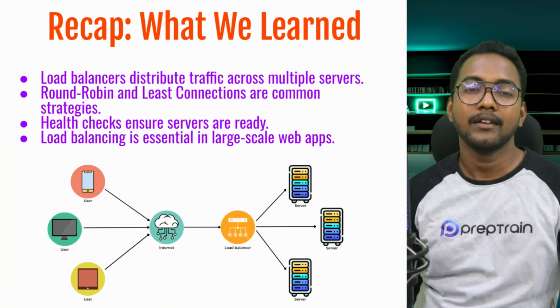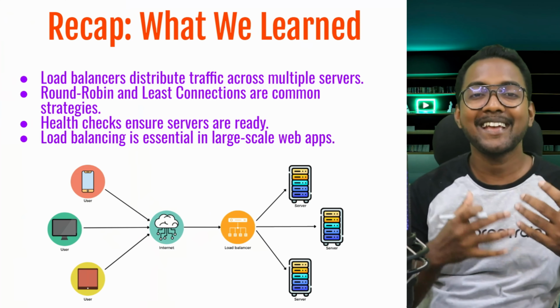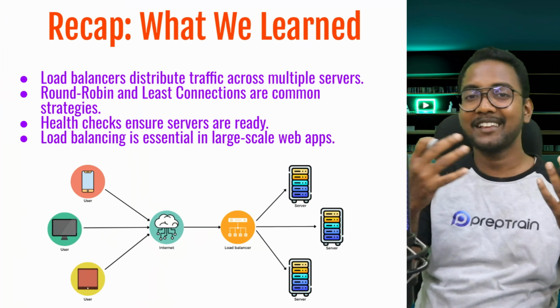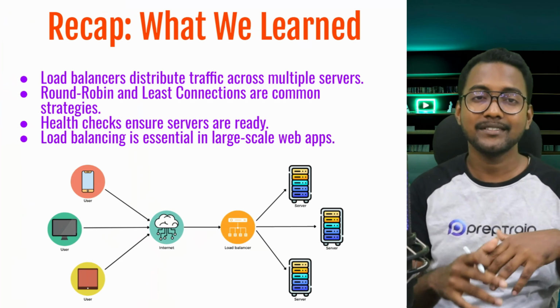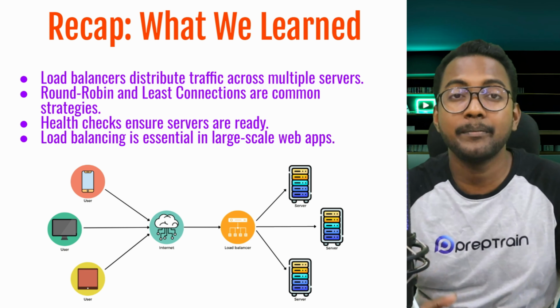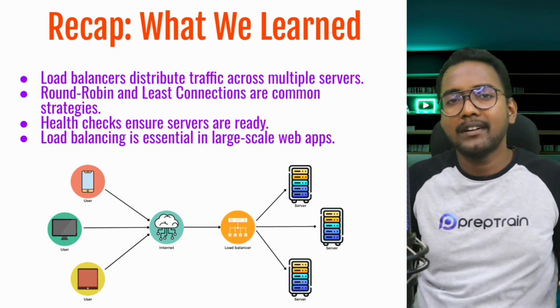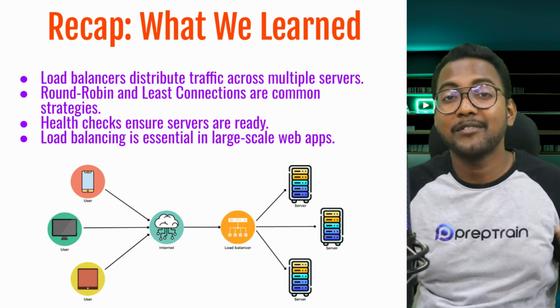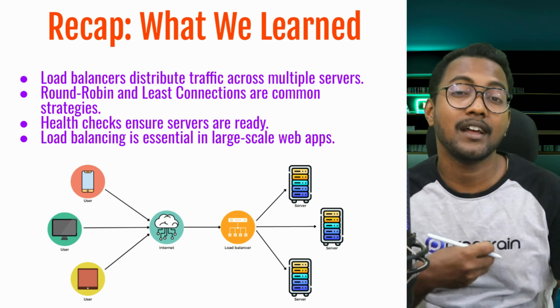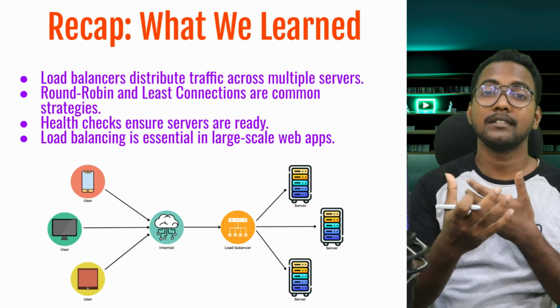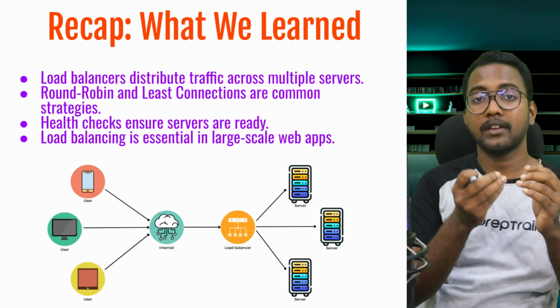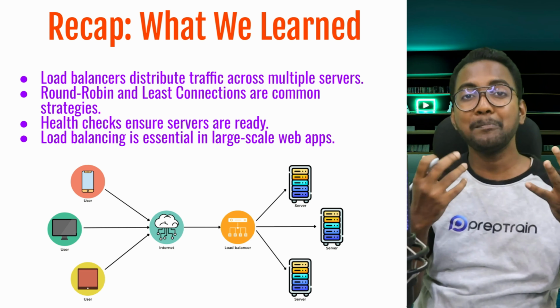All right. So before we finish up, let's quickly recap everything that we have covered today to reinforce the key points. First, load balancers are crucial because they distribute traffic across multiple servers, preventing any one server from becoming overwhelmed. This ensures that websites and apps can handle large volumes of traffic and remain responsive even during peak times.